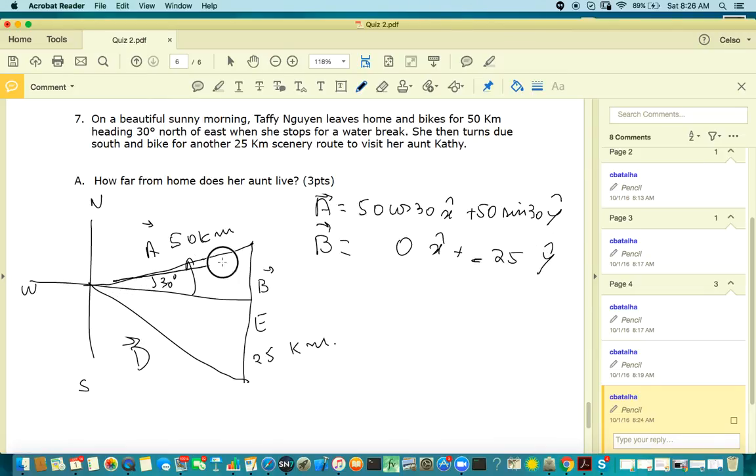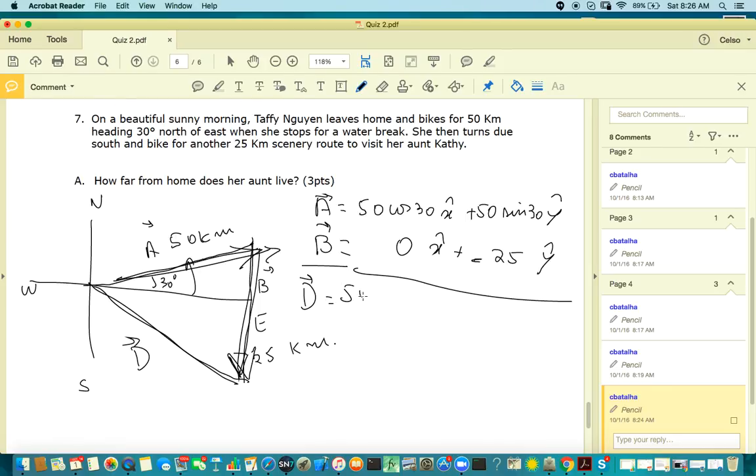So vector A plus vector B gives your displacement vector. So D is equal to the sum of these two: 50 cosine of 30 in x, plus 50 sine of 30 minus 25, all of this in the y direction.